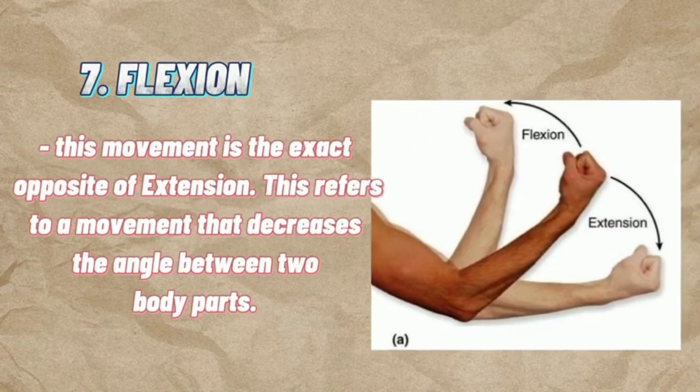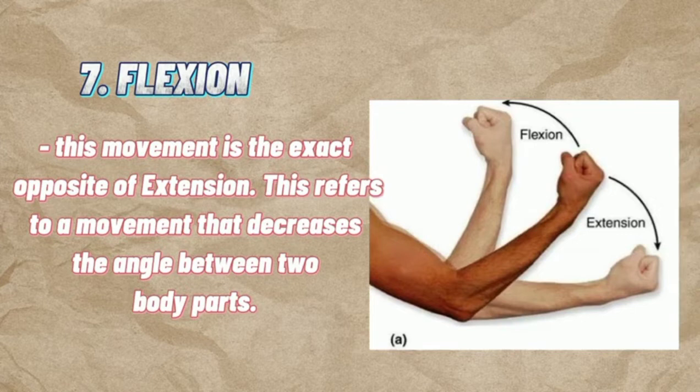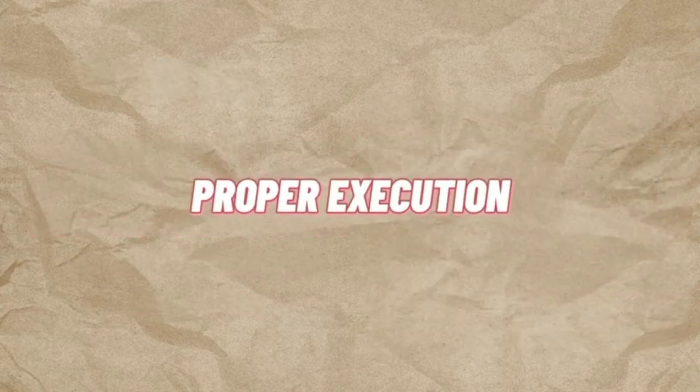The seventh movement is flexion. This movement is the exact opposite of extension. This refers to a movement that decreases the angle between two body parts.